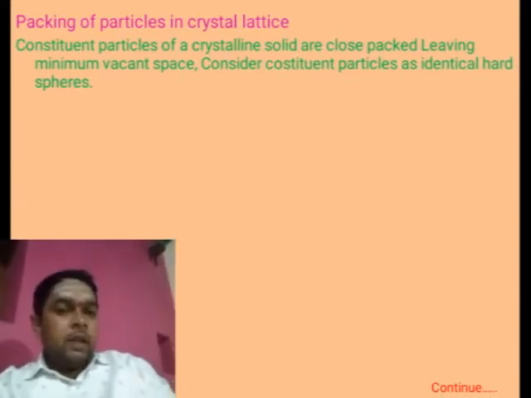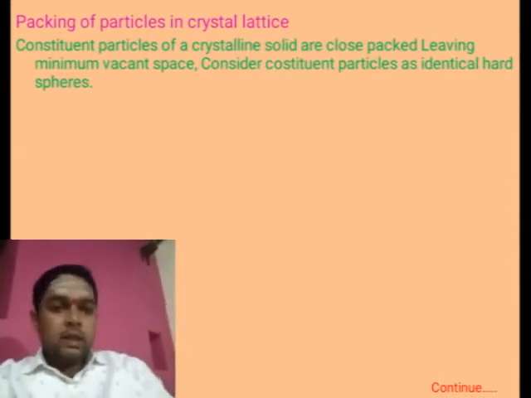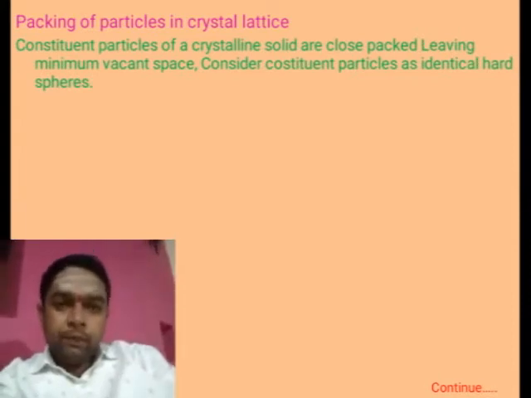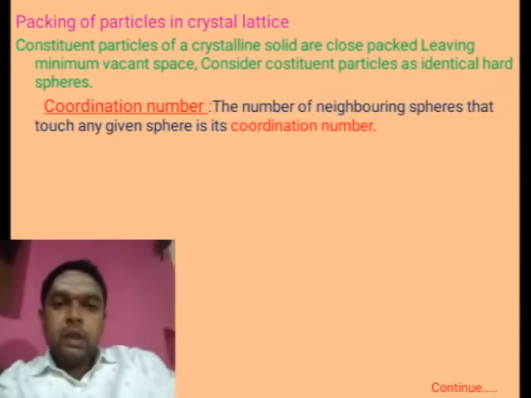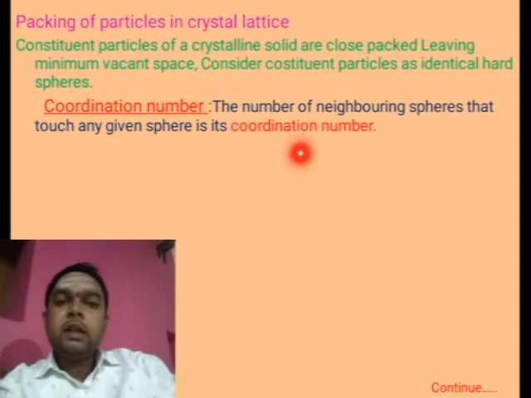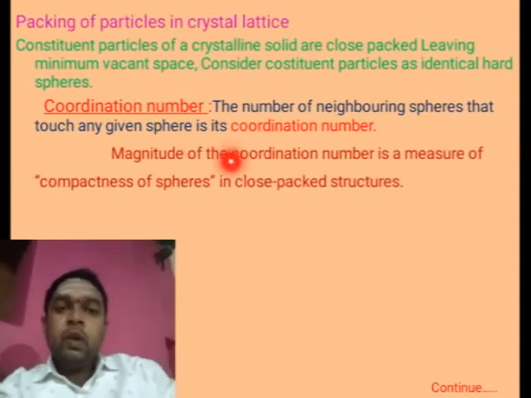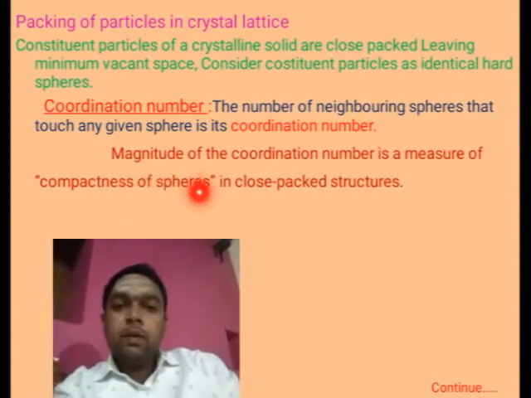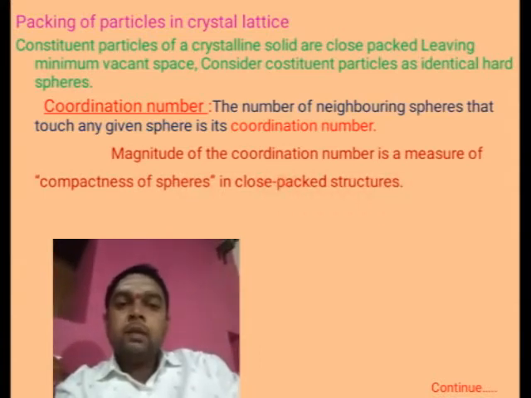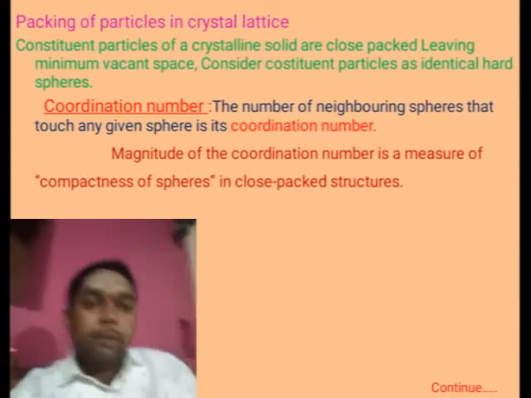At this time, one hard sphere is in contact with other neighboring spheres. This gives their coordination number. Therefore, the coordination number is defined as the number of neighboring spheres that touch any given sphere. The magnitude of the coordination number measures the compactness in a close packed structure, means the degree of compactness is measured.